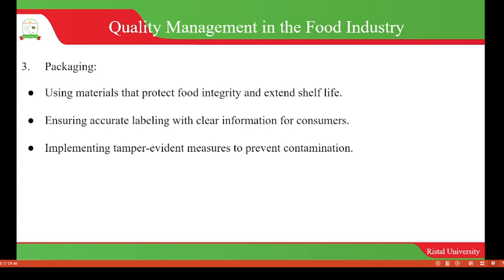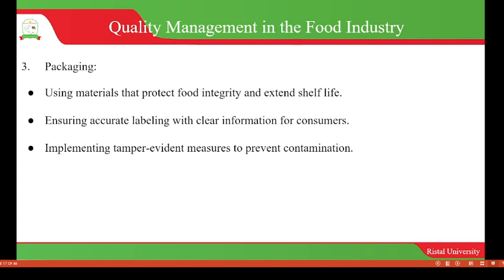Then we have to also implement tamper evident measures to prevent contamination. This is good for food products which can be contaminated easily. We have to always pack them using packaging materials which can implement tamper evident measures.